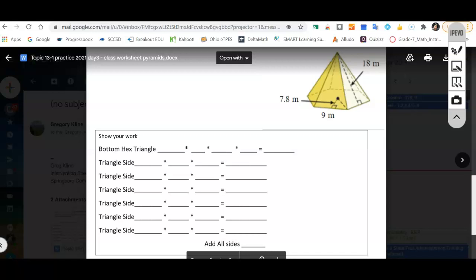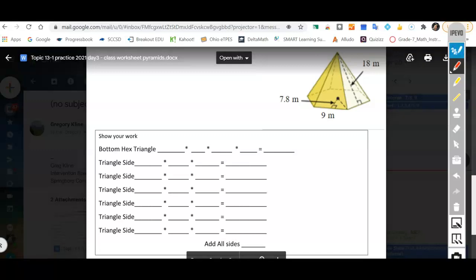Hexagonal pyramid, however you want to put your emphasis on the hexagon part of it. So we still start with finding the area of my hexagon. So we got to break that hexagon up into triangles, right? Find the area of one triangle. So how do I find the area of one triangle on that base?